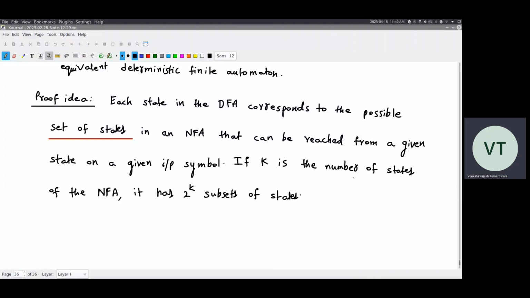So can anyone tell me why the cardinality of the power set of a particular set is equal to 2 power the cardinality of the original set? So if k is the cardinality of Q, why is the cardinality of the power set of Q 2 power k?